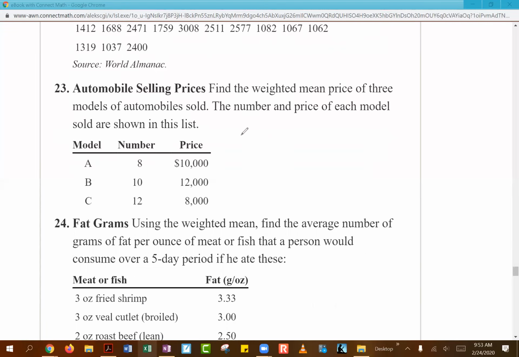So for our weighted mean, it's X bar equals the summation of the weight times X divided by the summation of the weight.